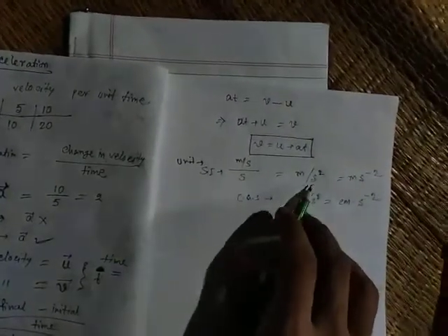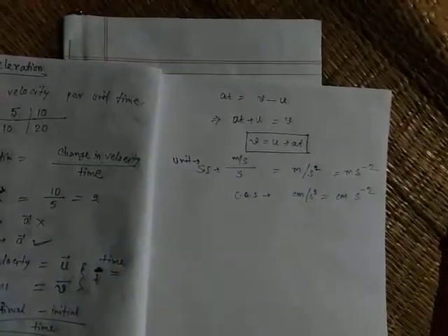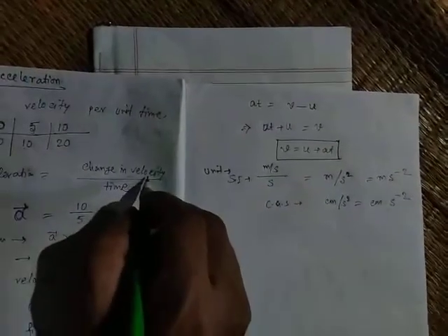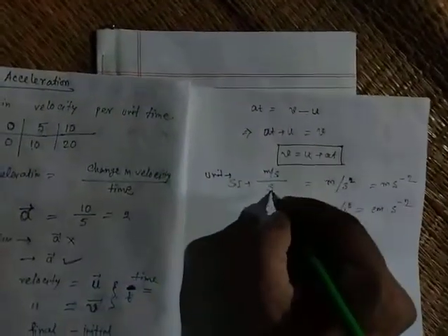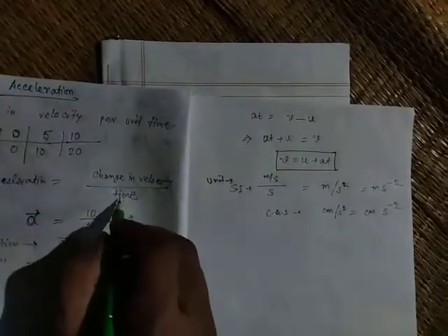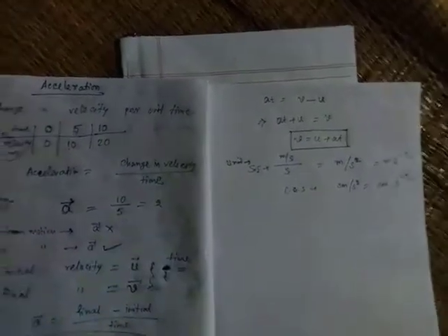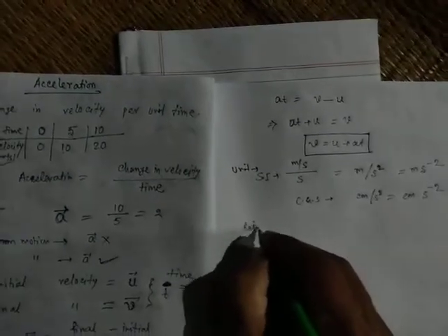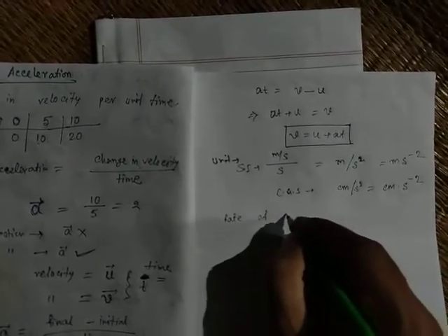This question can come in the examination: why do we write two times second in the unit of acceleration? You have to write that one second comes due to the change in velocity and another second comes due to the rate of change of velocity. You can also say rate of change of velocity is called acceleration.